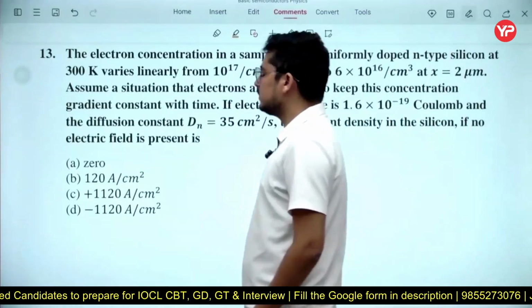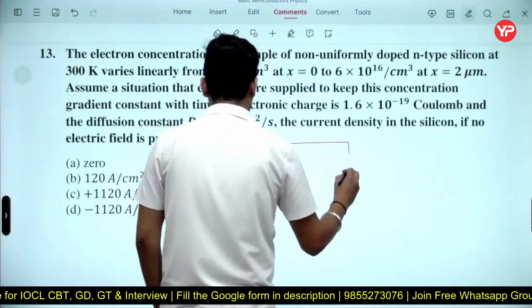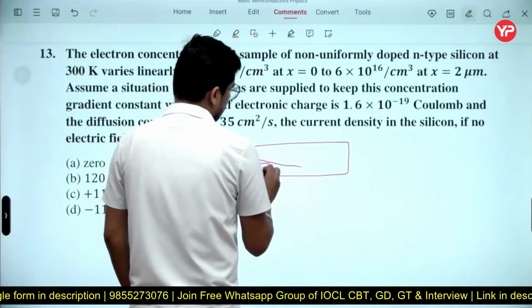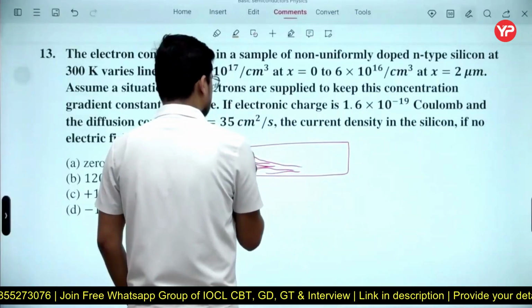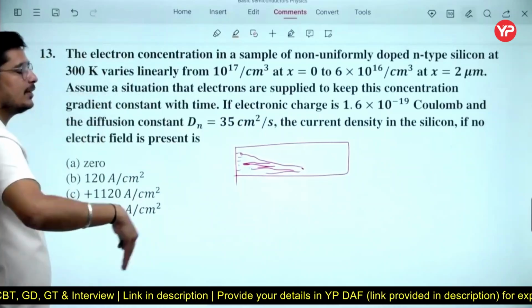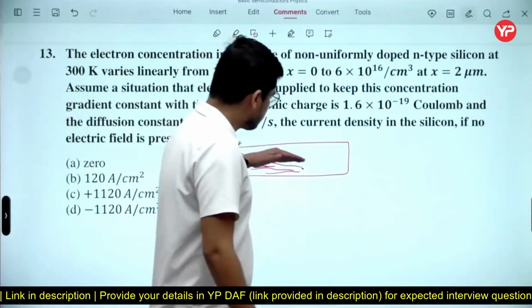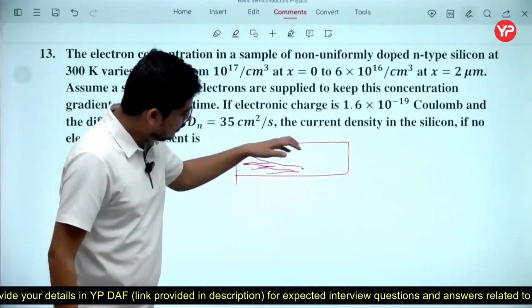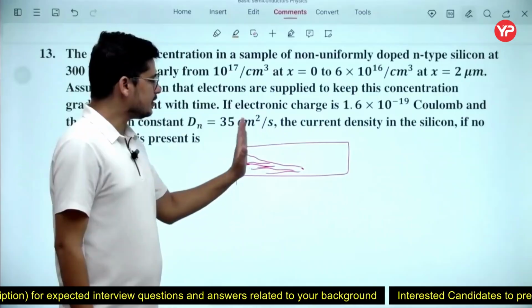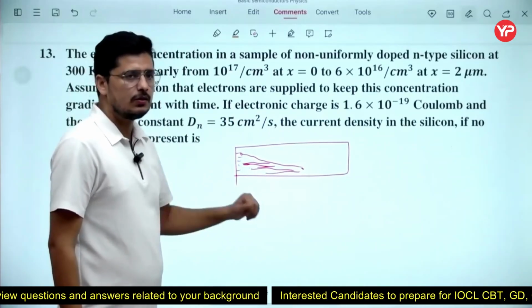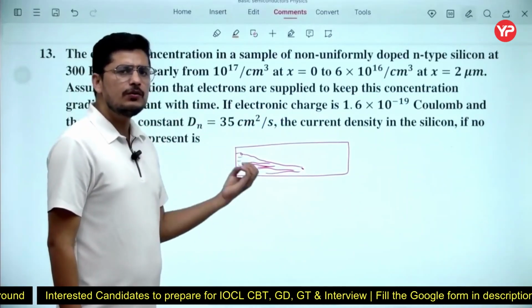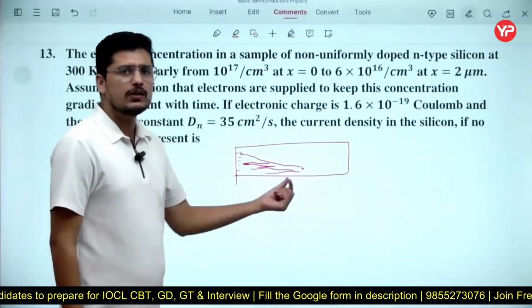Whenever there is a concentration gradient inside the semiconductor, listen to this. If the number of electrons is high here, then gradually the concentration decreases from this point to another point. It means the electrons are continuously moving and they will generate a type of current, right? Here the concentration is high, at this position the concentration is low, so electrons or any type of charge carrier always go from higher concentration to lower concentration.